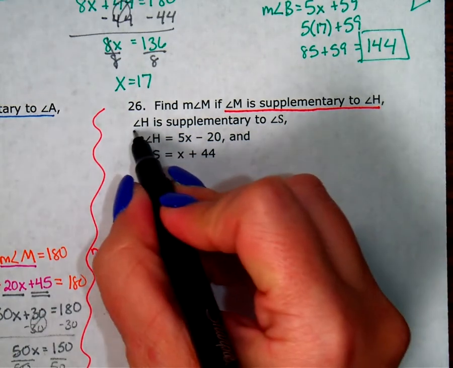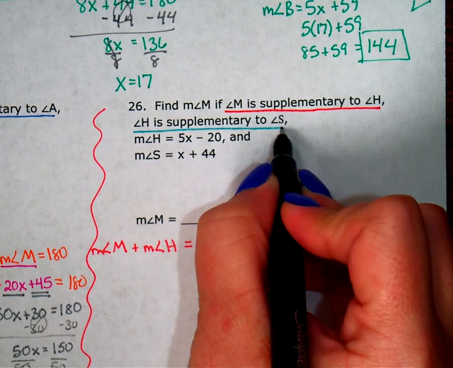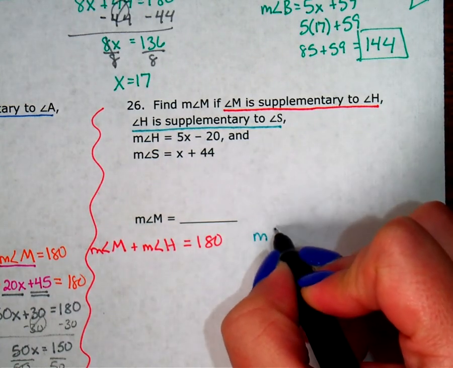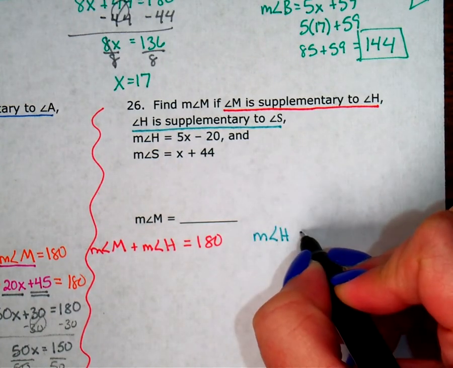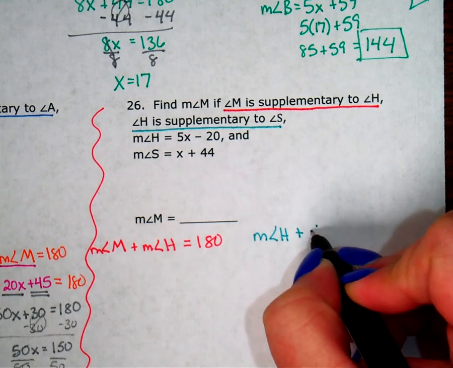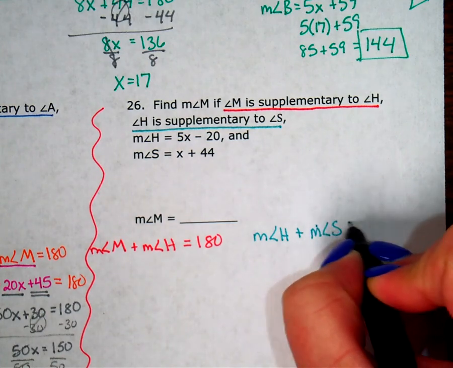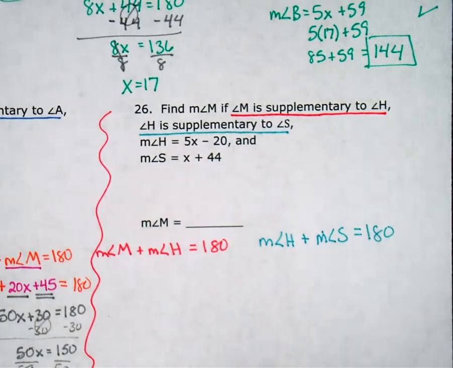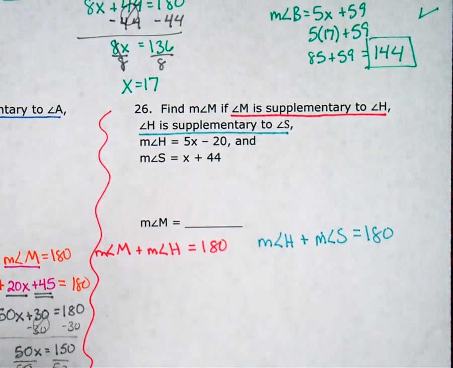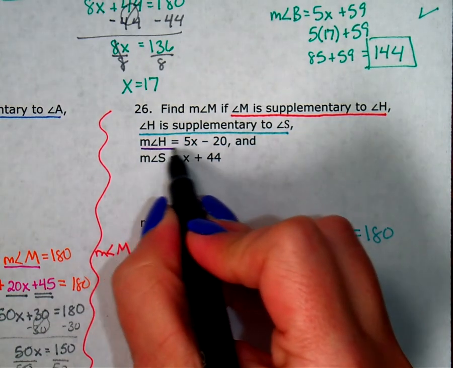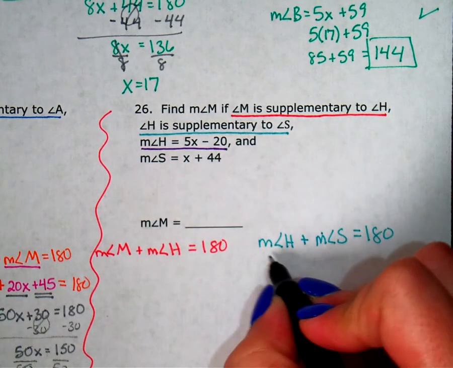My second line, the measure of angle H is supplementary to angle S. Supplementary means they add to 180. Okay?